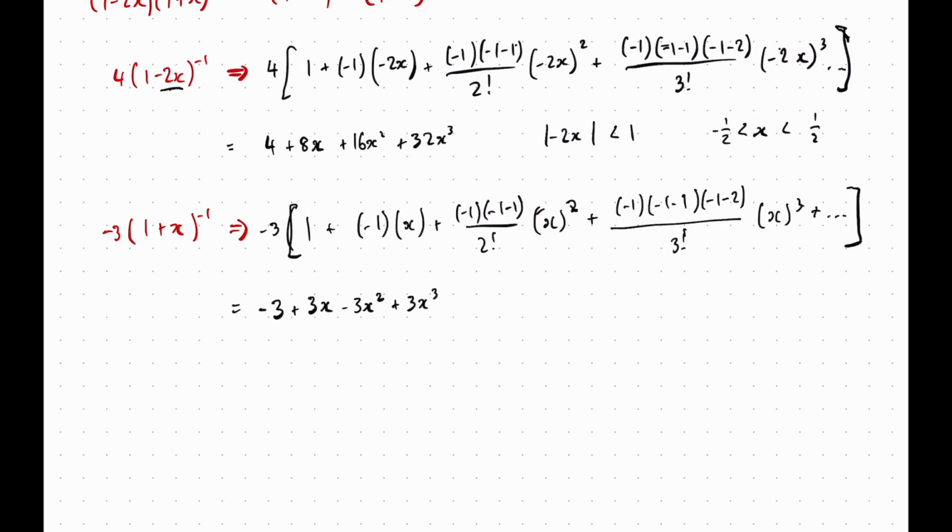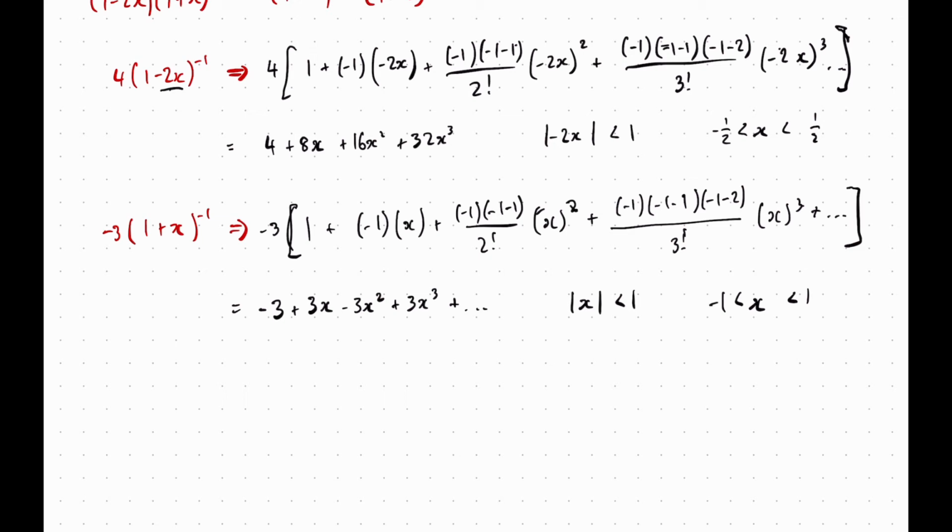Okay? Any questions about that? Okay. Right, and then this is valid for when modulus x is less than 1 because there's nothing in front of my x here. So that is x is less than 1, x is greater than negative 1 as a range.